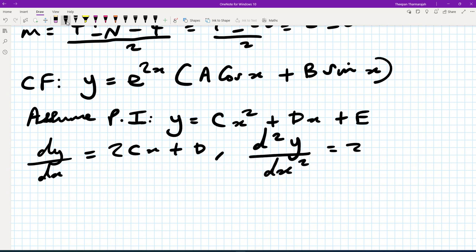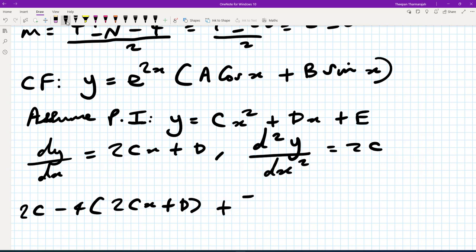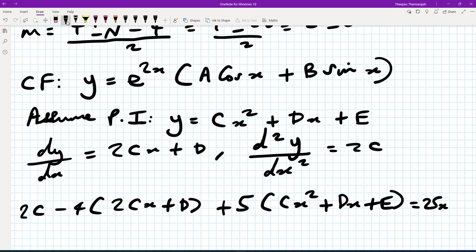So we could say that dy by dx is 2cx plus d, d2y by dx squared is simply 2c. Now we're going to substitute this into our differential equation, which is 2c minus 4 times dy by dx, which is 2cx plus d. And we now need to have 5 times our particular integral, which is cx squared, because that's what y is, plus dx plus e, is equal to 25x squared minus 7.